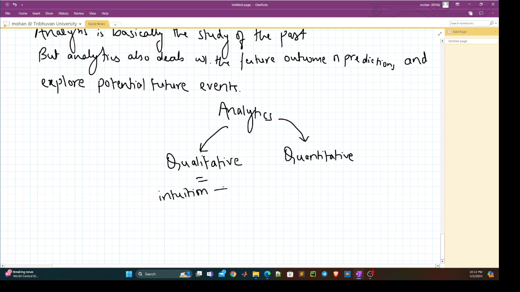Intuition plus we will go with analysis, and in quantitative we will use formulas and algorithms.